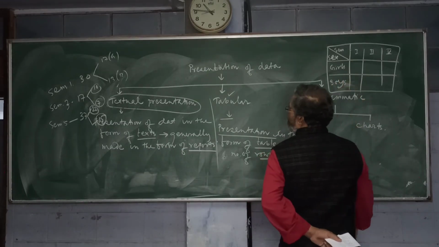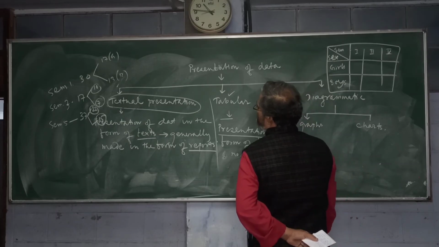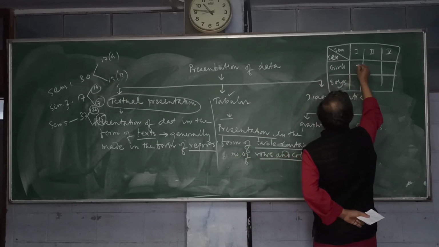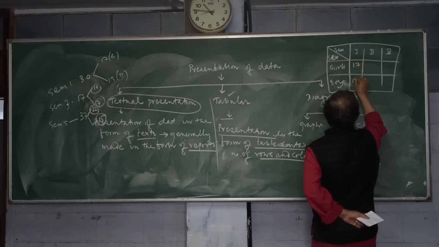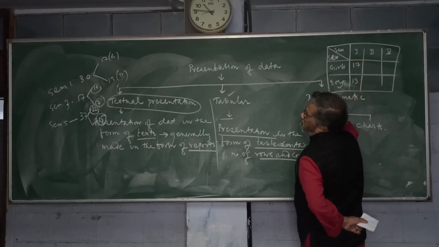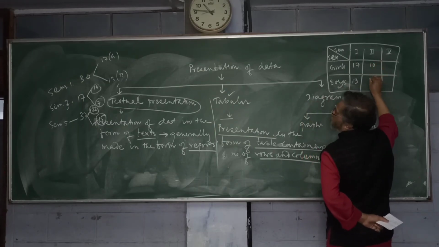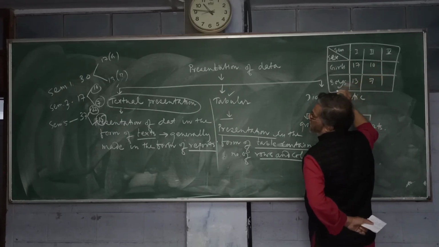First semester, how many girls? First semester 17 and 13, 17 girls and 13 boys. Third semester 10 and 7.